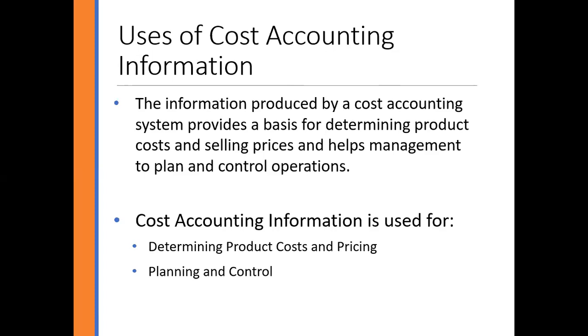Once we know that unit cost, we can establish production budgets, material budgets, labor budgets, overhead budgets, and budgeted financial statements like the budgeted income statement and budgeted balance sheet. So overall, it's used for determining product cost and pricing, planning, and control.